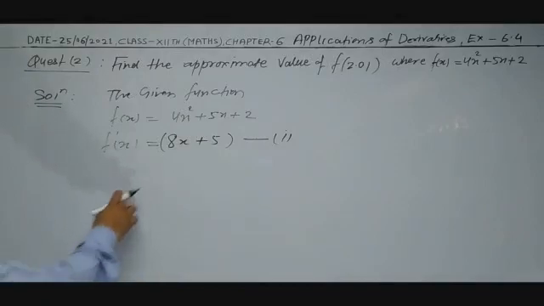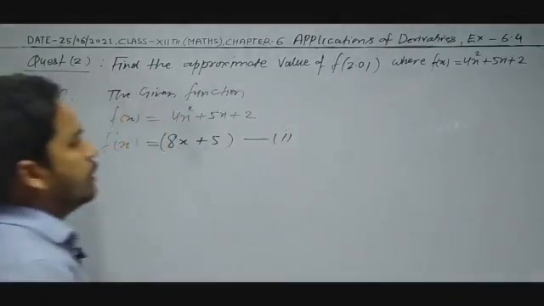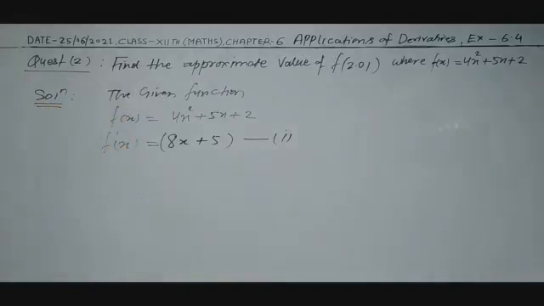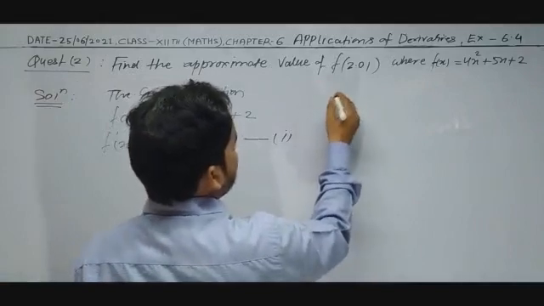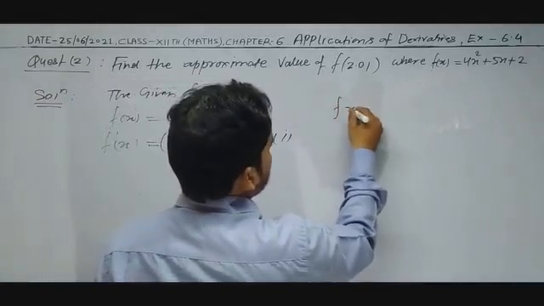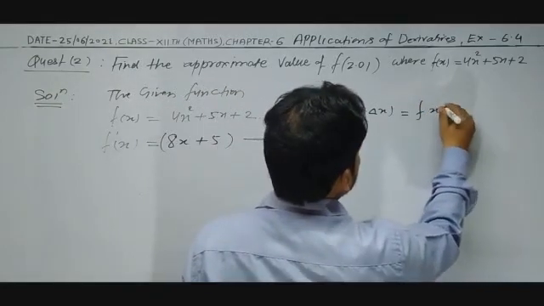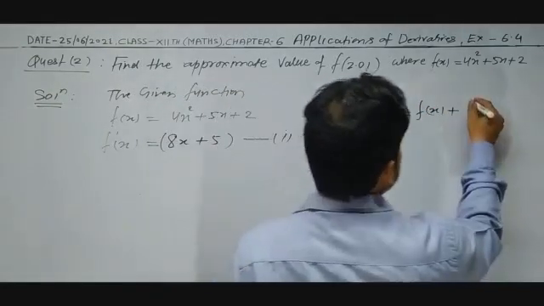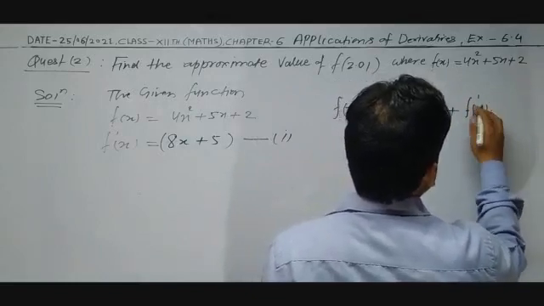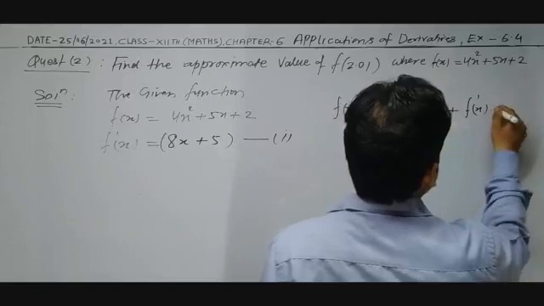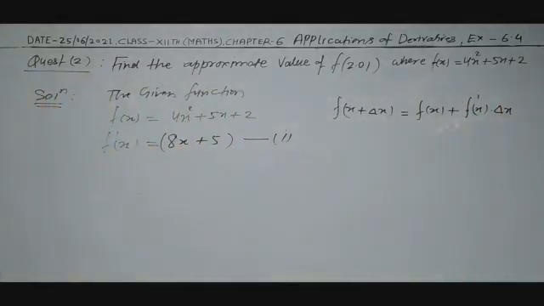And we have to find out f of 2.01. Since you know the formula, f of x plus del x is equal to f of x plus f dash x times del x.